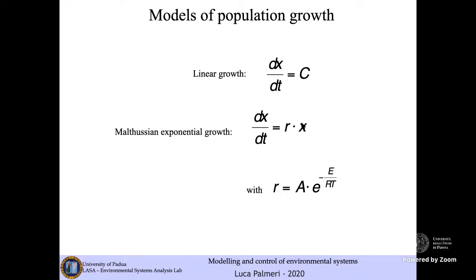You know that the solution of this second differential equation is that x is proportional to an increasing exponential of time. While in the first case, the case of linear growth, x is equal to time multiplied by the constant c. So in this case the growth is linear. Second case, the growth is exponential.